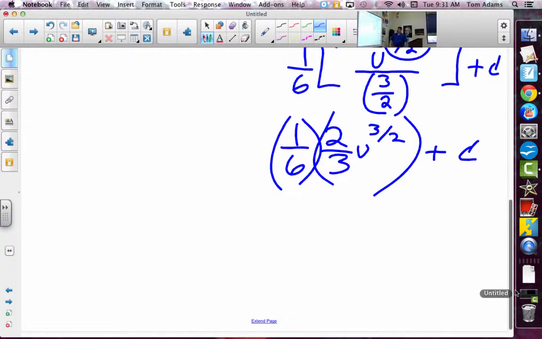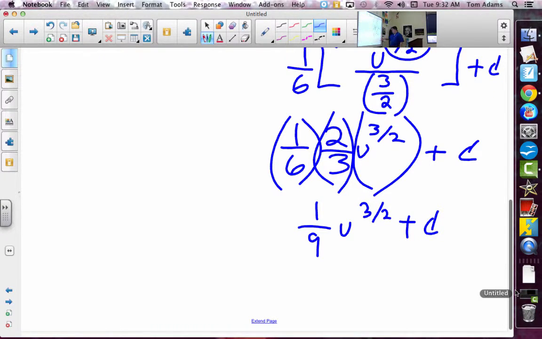Now you can clean that up a little bit if you want to. You can multiply these two together. This reduces down to 1 over 9. It's really 2 over 18. And then we have u to the 3/2 plus c.